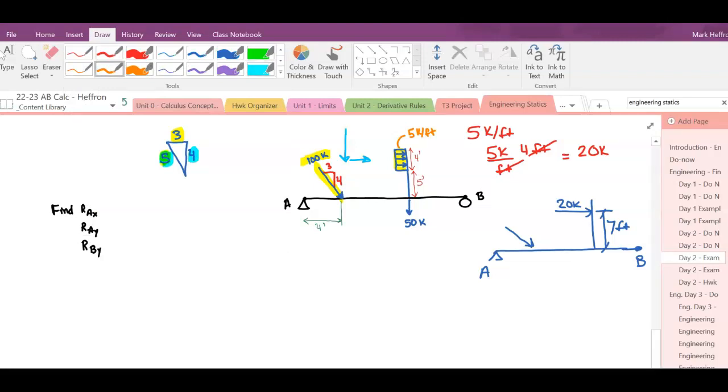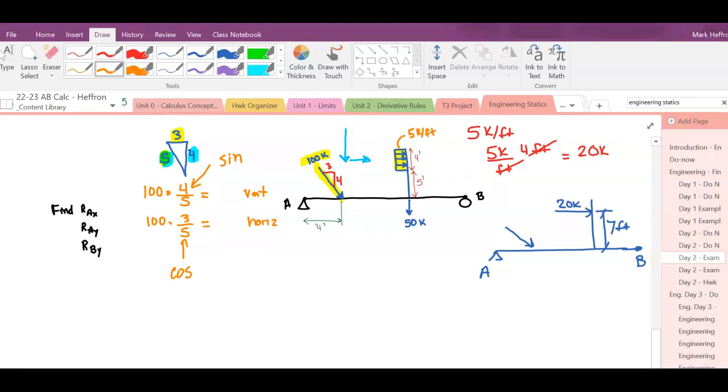So we're going to say 100 times 4 over 5 is equal to the vertical part, and 100 times 3 over 5, this is really the cosine part, this is the sine part, will be the horizontal part.